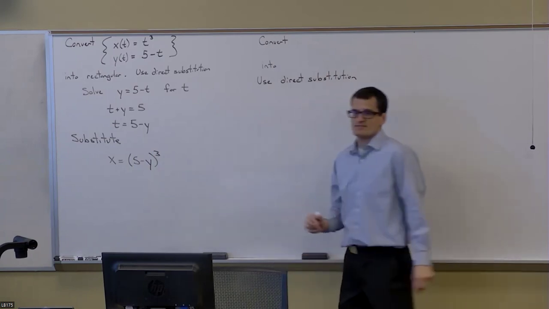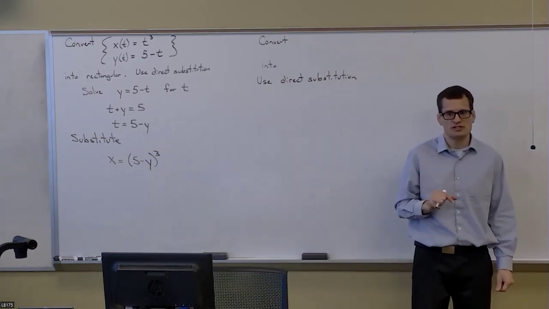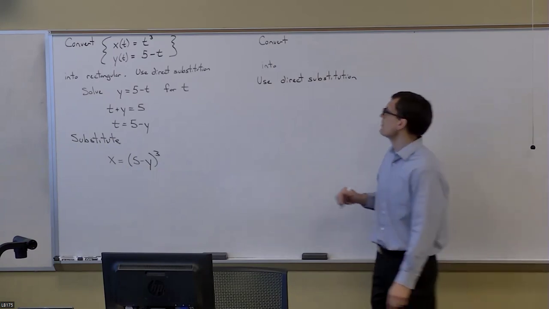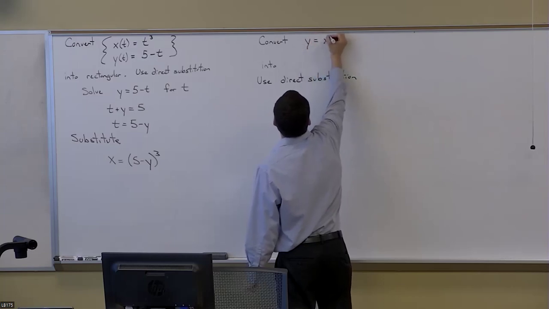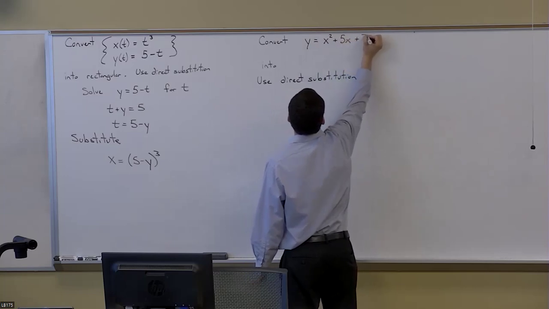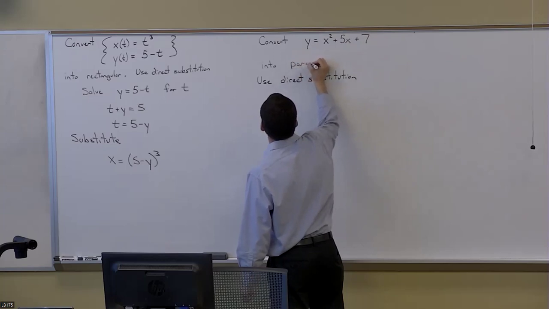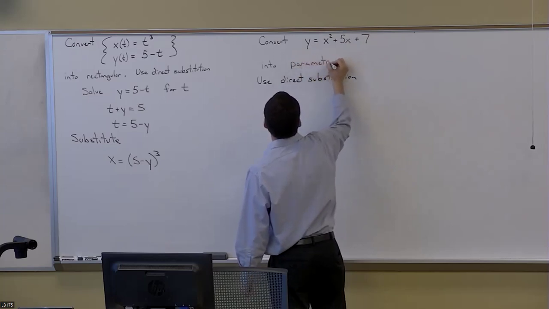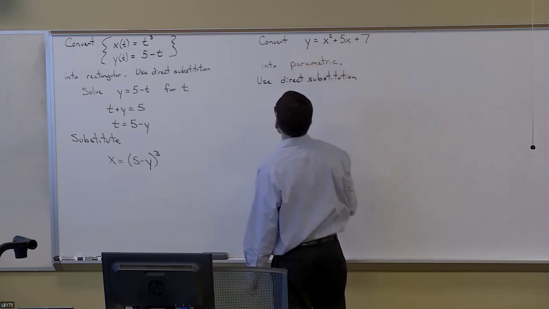Let's do this. Let's go the other way with direct substitution. Let's convert, I don't know, y equals x squared plus 5x plus 7 into parametric using direct substitution.